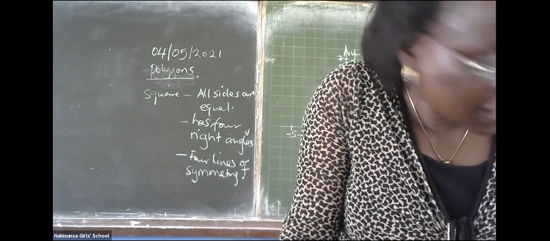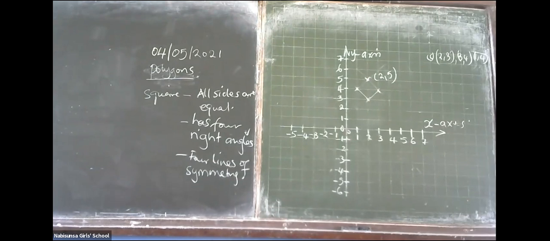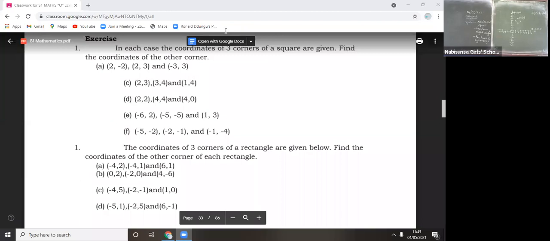Yes, teacher. Now we have part C, part D, and part E. Can you give us the coordinates of the missing point for part C? 2, -4.